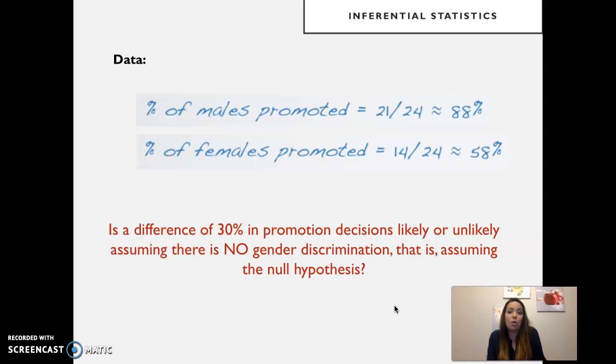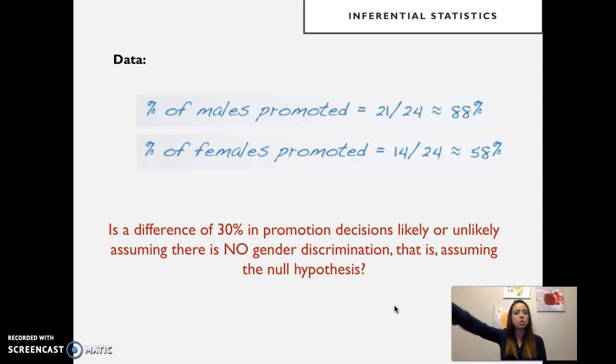That is, assuming the null hypothesis. Would it be common to see that difference if I keep sampling managers? So imagine I do another study and I sample 50 managers now, and I look at the difference in decisions. And then I get another sample and I look at differences in decisions. How frequently would it be for me to see a difference of 30% if there is no gender discrimination?